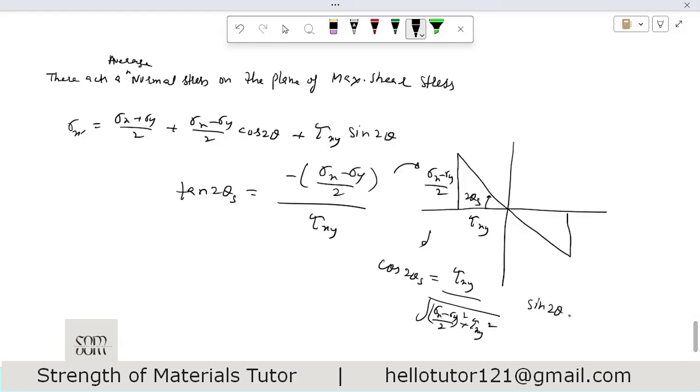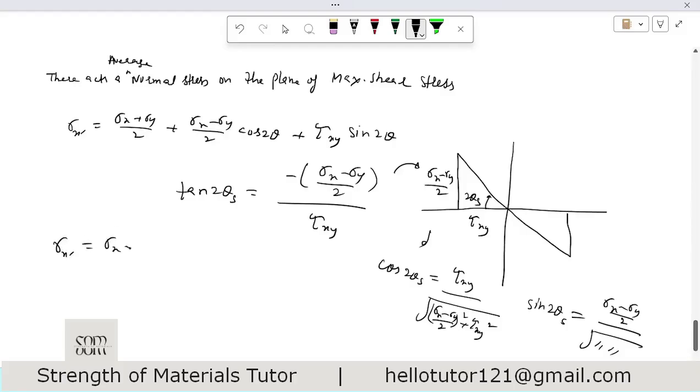Then we have sine of 2 theta s. Sine is perpendicular divided by hypotenuse. It is sigma x minus sigma y by 2 divided by the square root of the same thing, right? Now if we substitute these values here, what are we going to get?